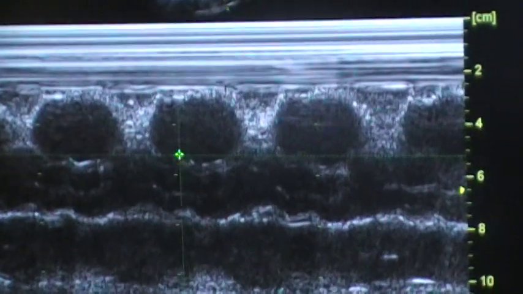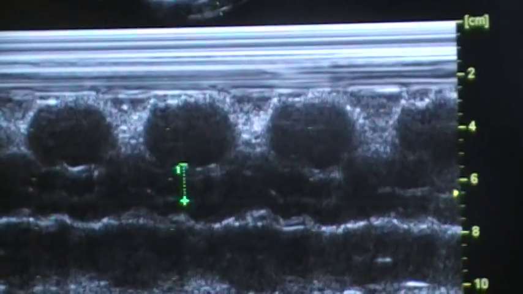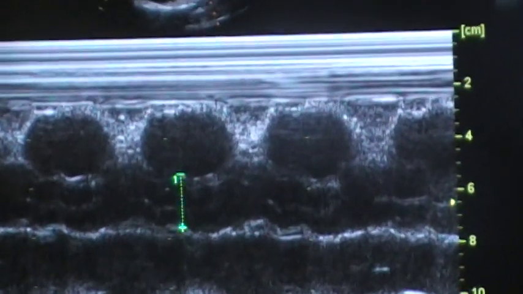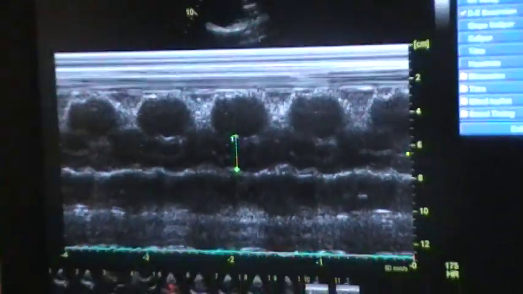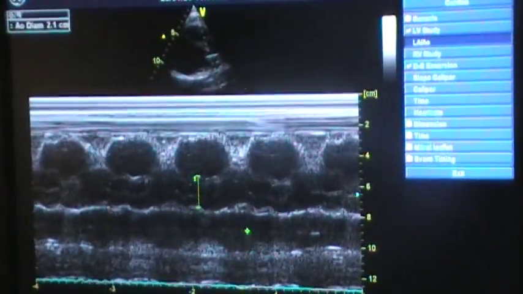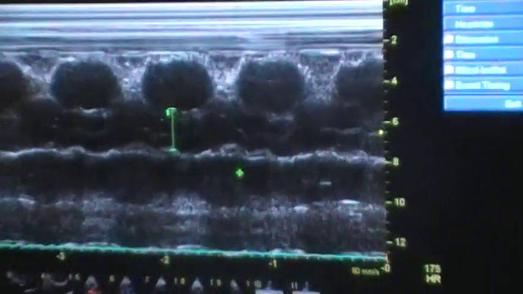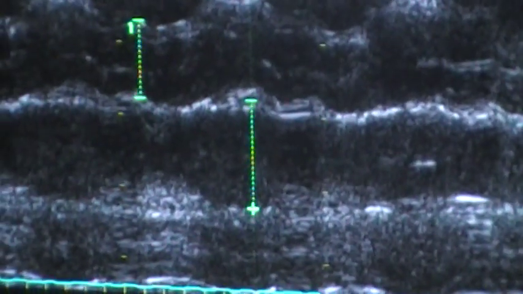First, you're going to measure the aortic root, which will be from the anterior root to the posterior root there. You do it right before the opening of the valve. The next one you measure is the left atrium. You do that in systole, at end systole, where it's open the widest, where the valve's the widest, I should say.